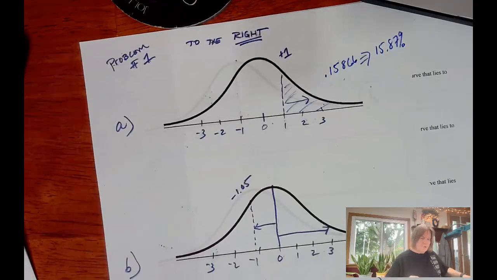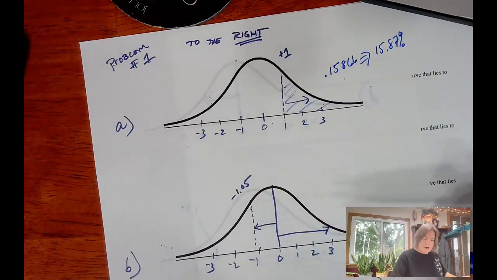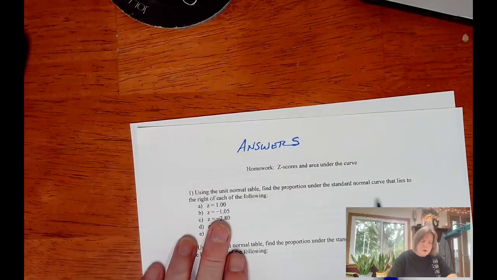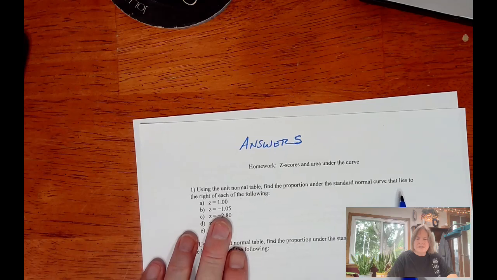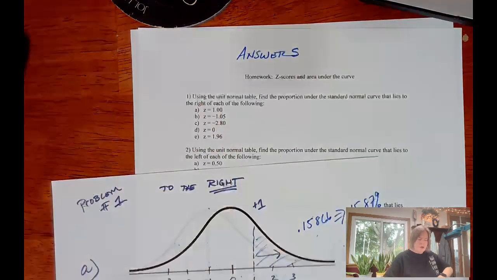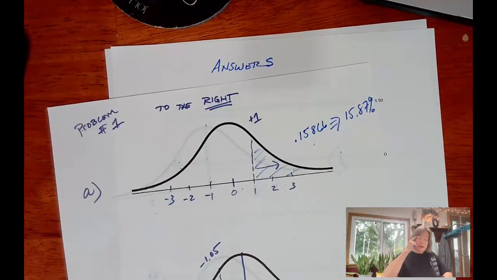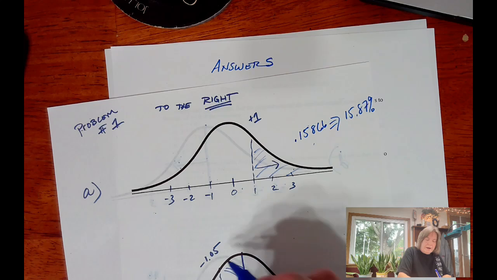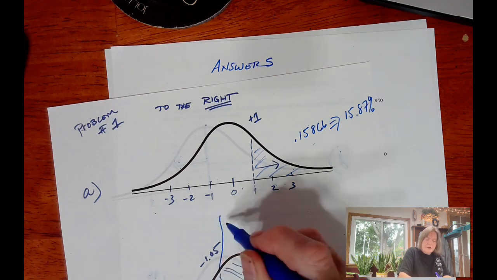Then the second one asks for the area to the right of a z of -1.05. This one is a little more complicated because you've got to get this area and then everything that way. What is the area to the right?